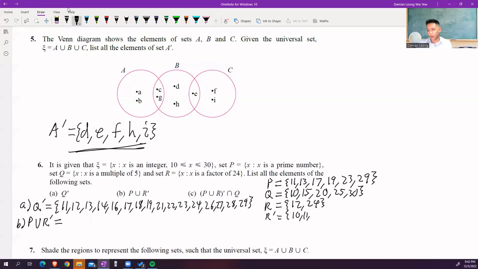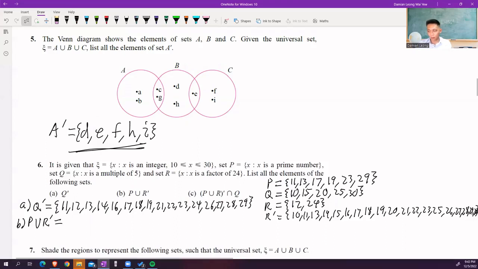So 10, 11, 13, 14, 15, 16, 17, 18, 19, 20, 21, 22, 23, skip 24, and 25, 26, 27, 28, 29, 30.